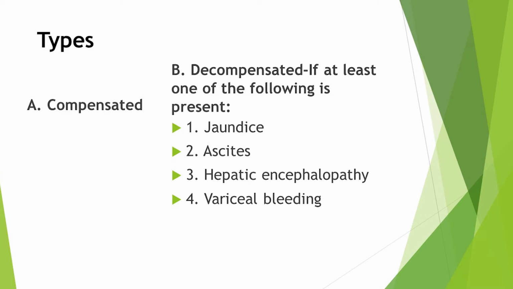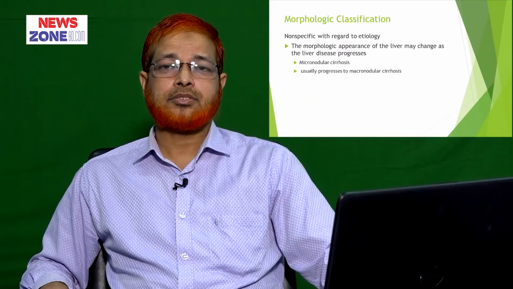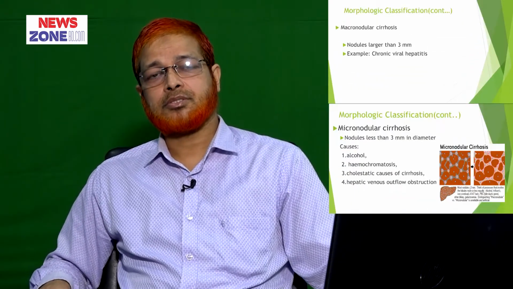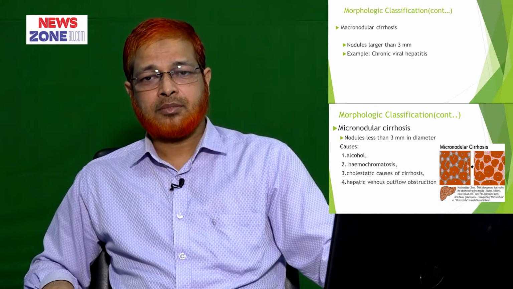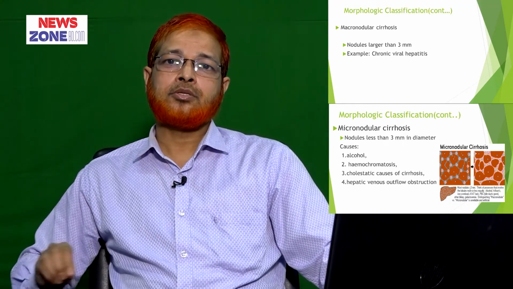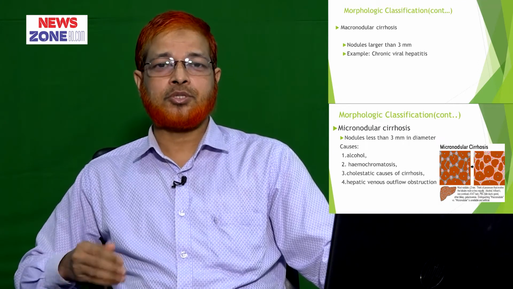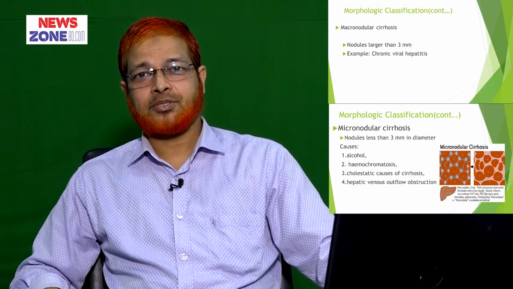Sometimes another feature is variceal bleeding. Another is the morphological classification: micronodular cirrhosis and macronodular cirrhosis. Keep in mind that it is overlapping, because micronodular cirrhosis gradually progresses to macronodular cirrhosis.